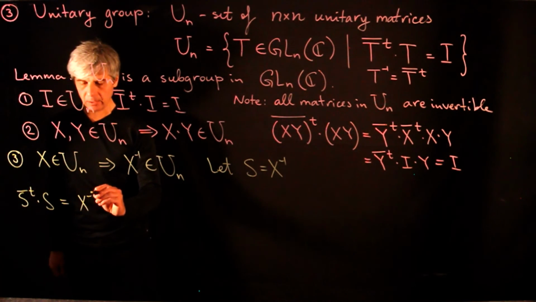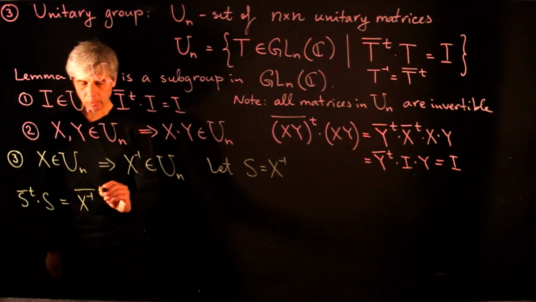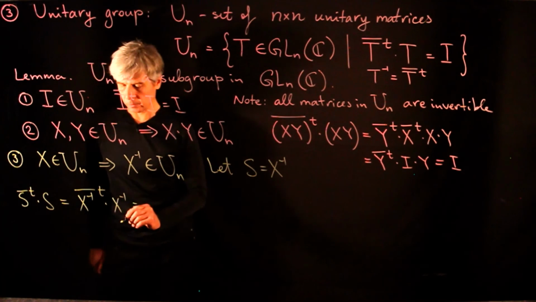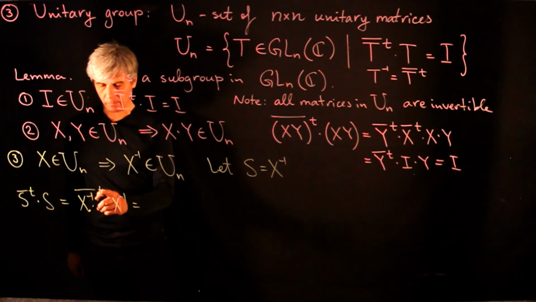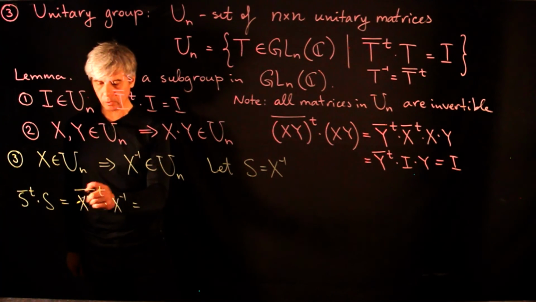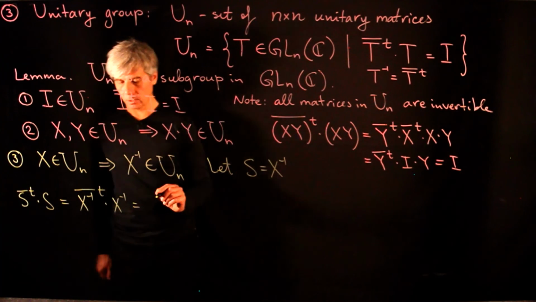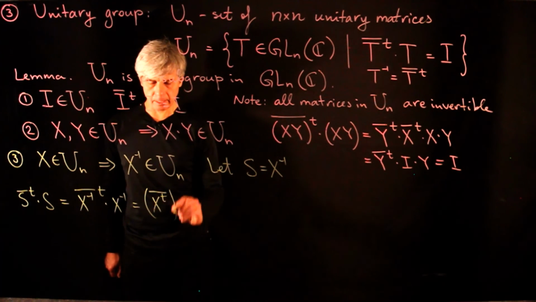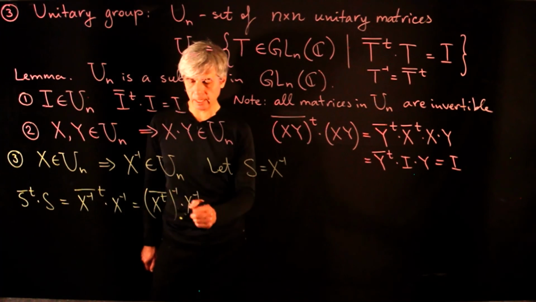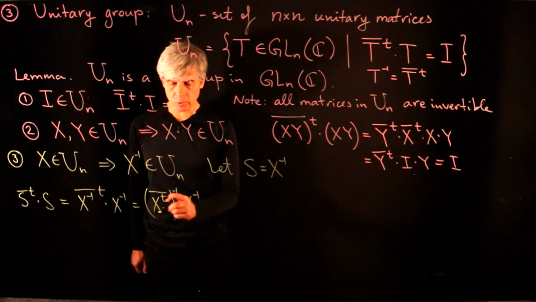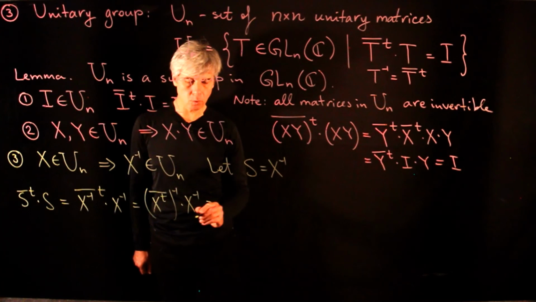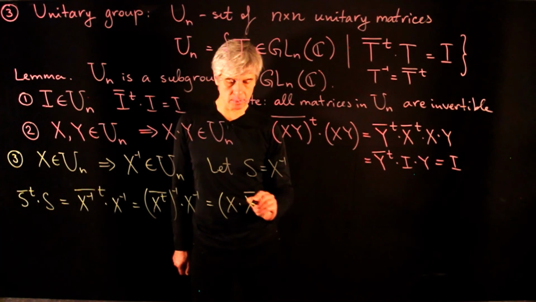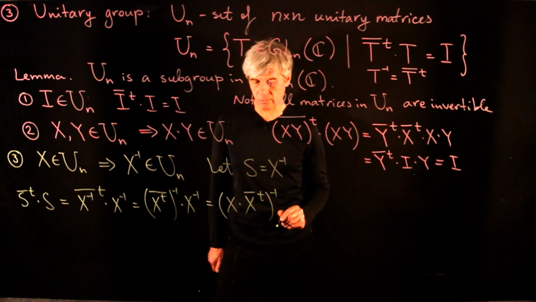So we have X inverse bar transpose times X inverse. Now, the transpose commutes with conjugation and commutes with the inverse. So this is the same as taking X transpose bar and then taking the inverse, times X inverse. And again, the inverse of a product is the product of inverses in the opposite order. So this can be written as X times X bar transpose, and all of this inverse.